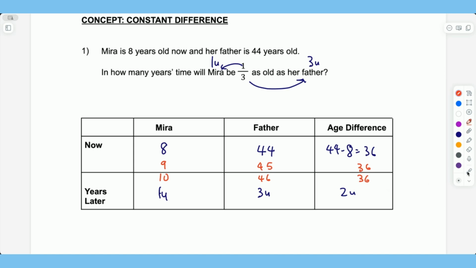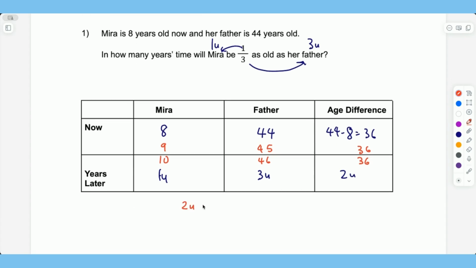From here, we are able to tell that 2 units will be 36. So let's write that down. 2 units is equals to 36 years. 1 unit will be 36 divided by 2. That gives us 18 years.